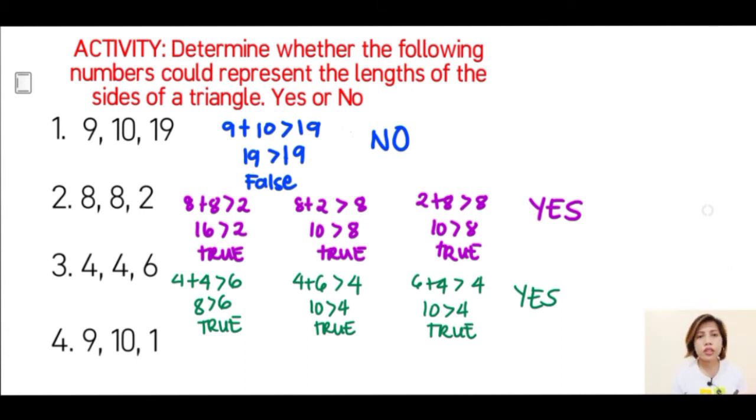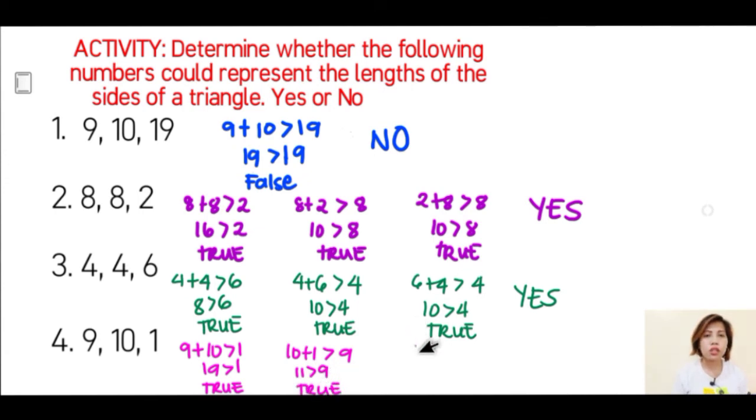And then, yung last is 9, 10, and 1. So, let's try 9 and 10 first. 9 plus 10 is greater than 1. 9 plus 10 is 19, greater than 1. So, this is true. Then, let's try 10 plus 1 is greater than 9. 10 plus 1 is 11. 11 is greater than 9. True.